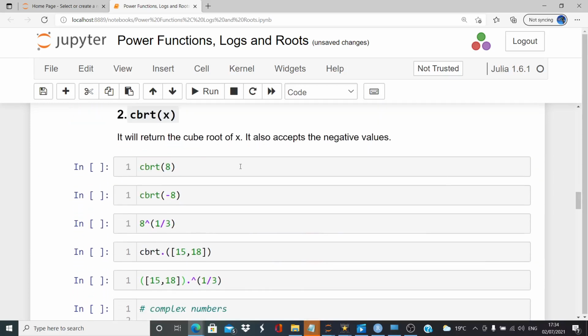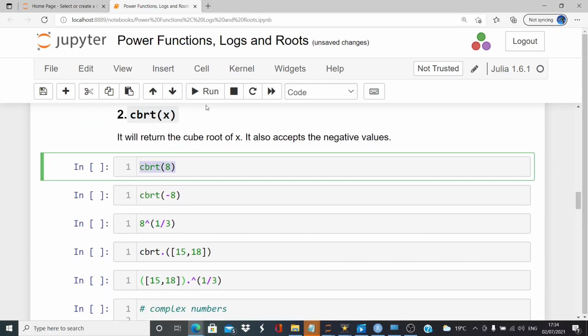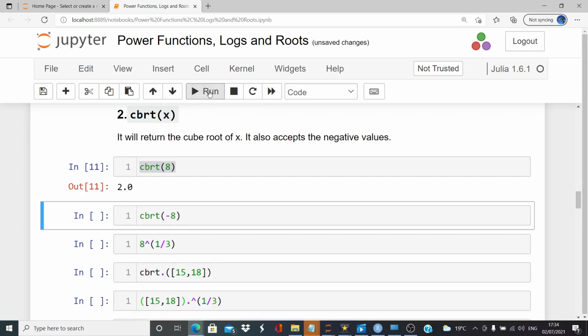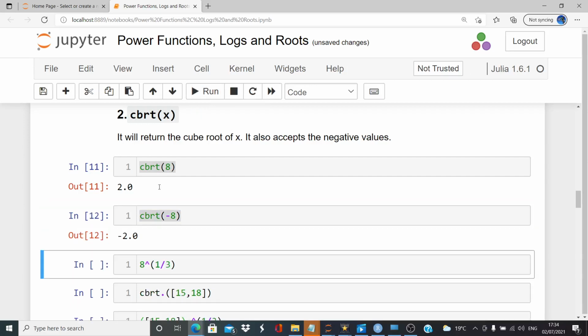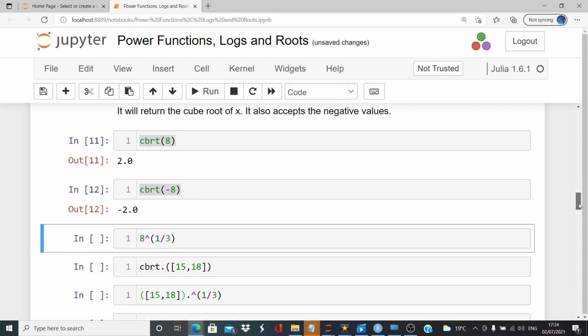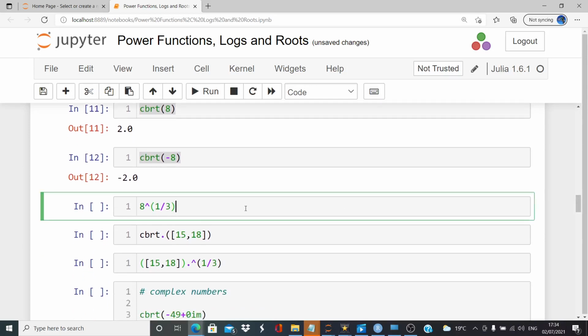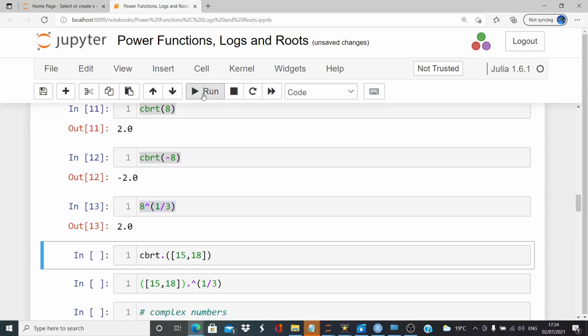Okay, so we also have the cube root, cbrt, and this actually will accept negative values. So the cube root of 8 is 2.0. The cube root of -8 is -2.0, and so on. Again, that would be equivalent to the power of 1/3.